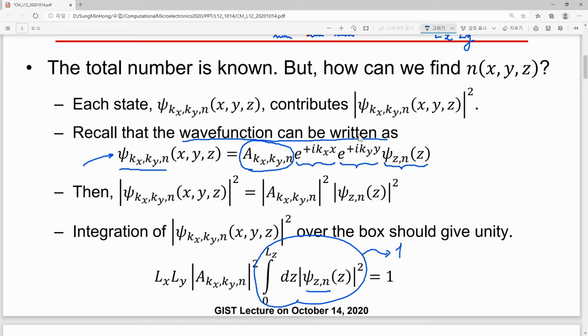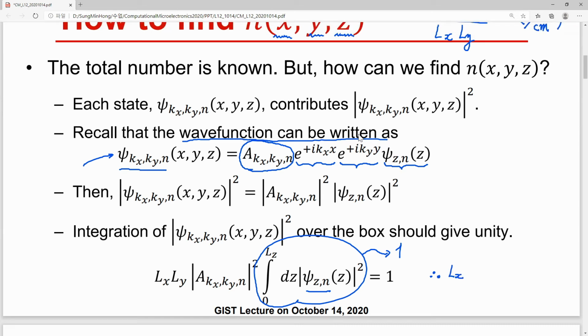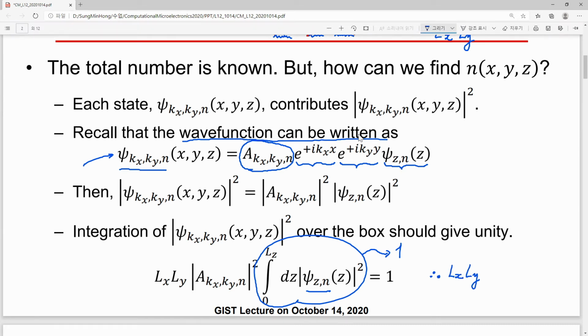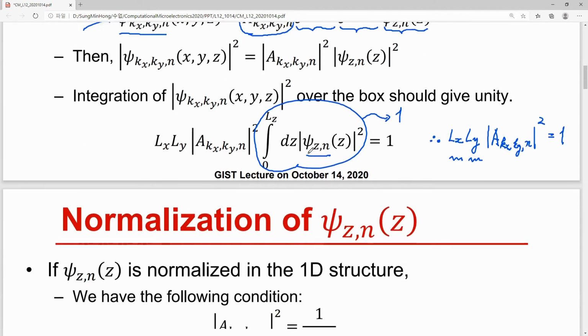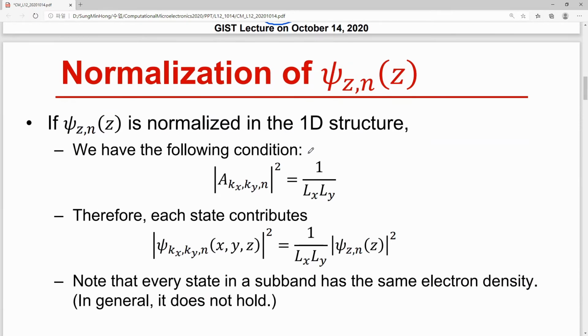Then it simply means that now our condition becomes Lx times Ly times A squared should be 1. Since Lx and Ly are given numbers, we can immediately find that. Okay, so our normalization constant is simply given by this form.